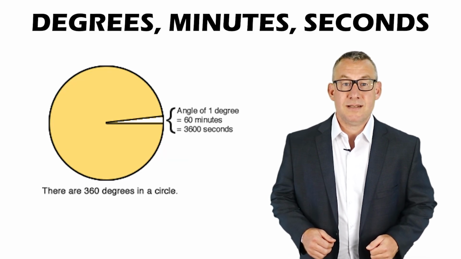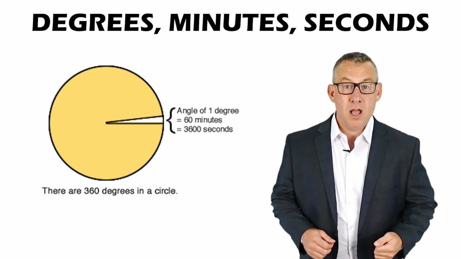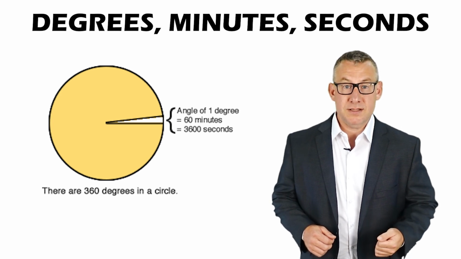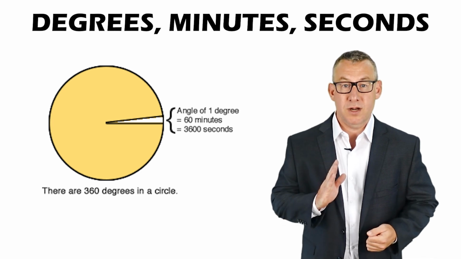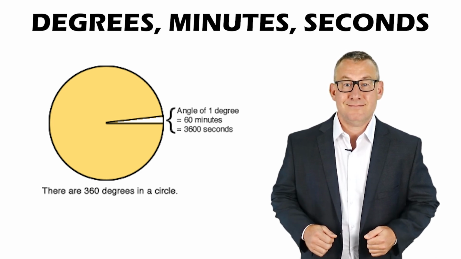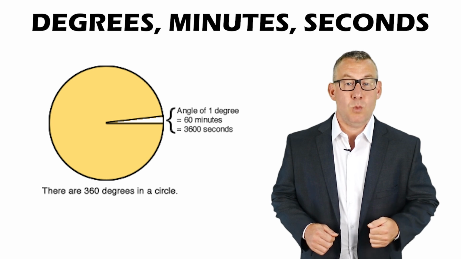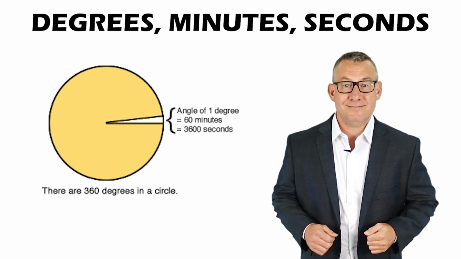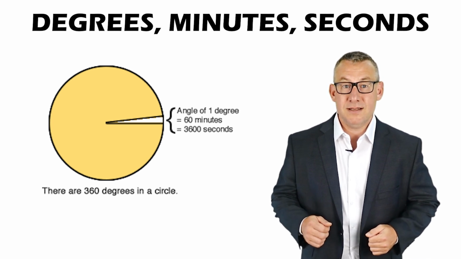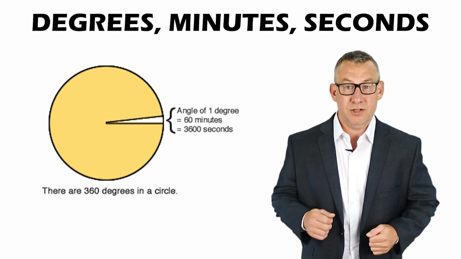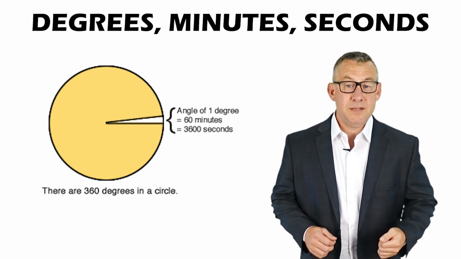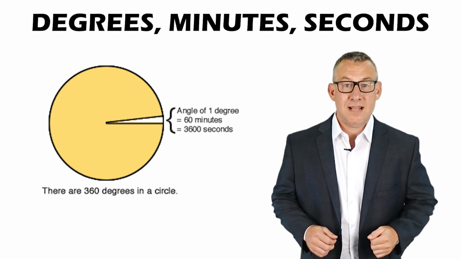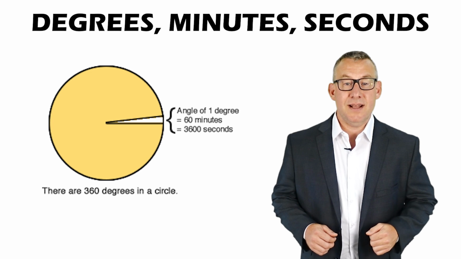Degrees, minutes, seconds is a coordinate measurement system with 360 degrees around the Earth beginning at 0 at the prime meridian. 1 minute equals 1/60th of a degree. 1 second equals 1/3600th of a degree. There are 60 minutes in a degree. There are 60 seconds in a minute.